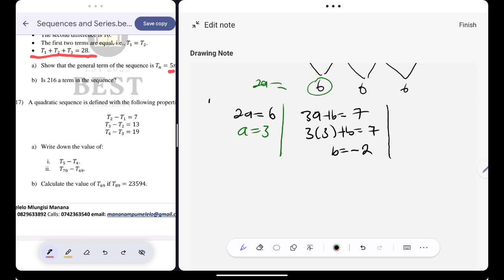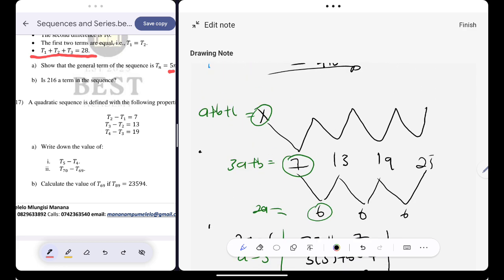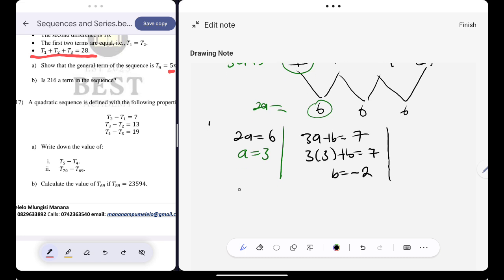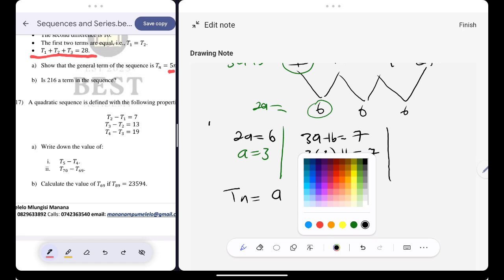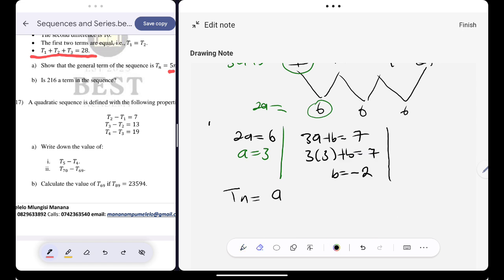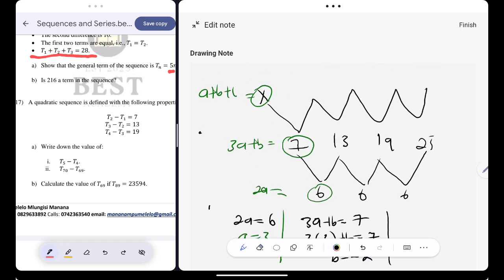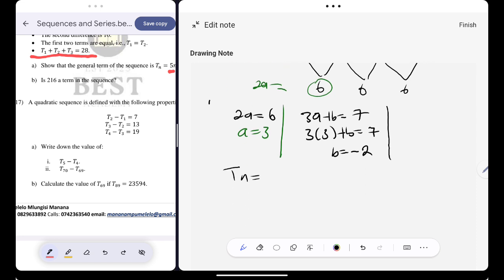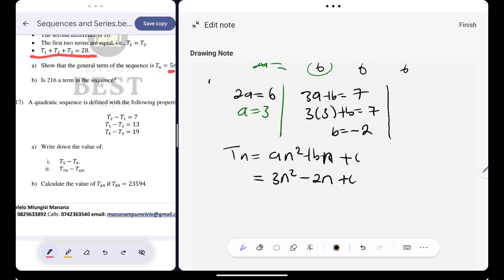We cannot find the value of c because we don't know the value of the first term. Tn, which is equal to an squared plus bn plus c, is equal to 3n squared minus 2n plus c.